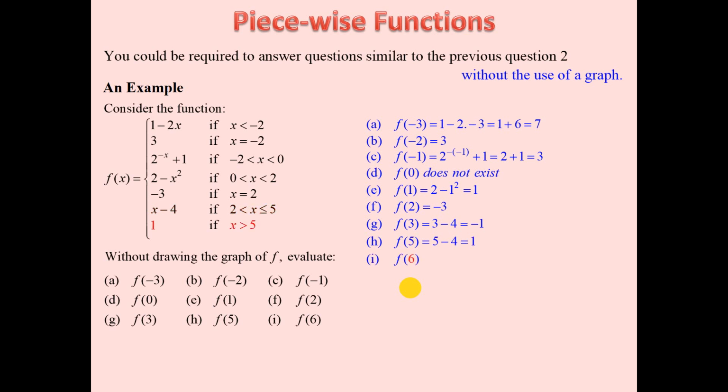Now finally, f of 6. 6 belongs to this section, x greater than 5. And therefore it's that function, which is just y equals 1. So it's equal to 1. All that remains now is for you to get some practice at these.